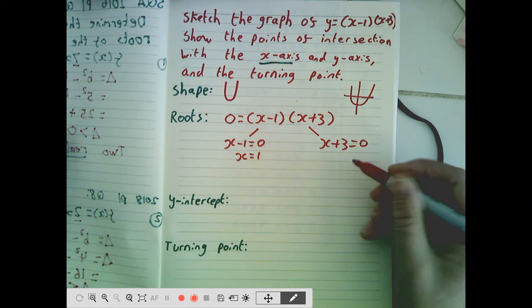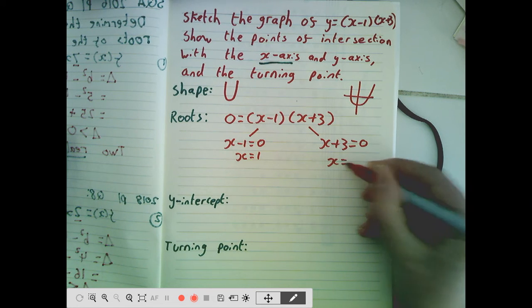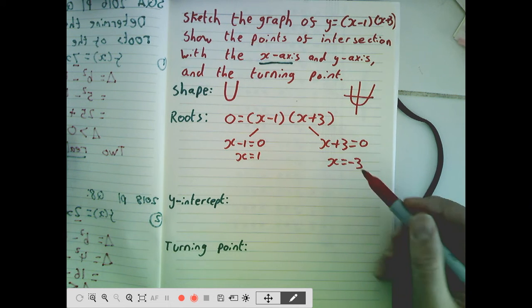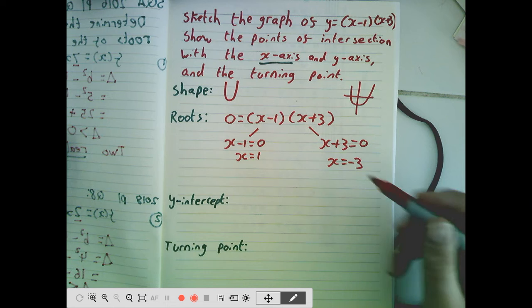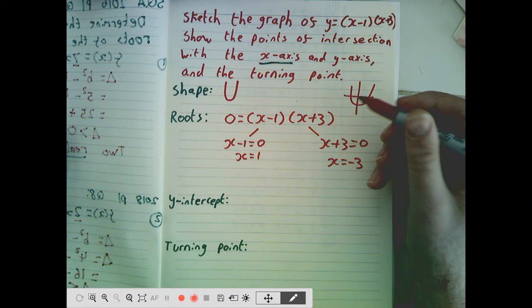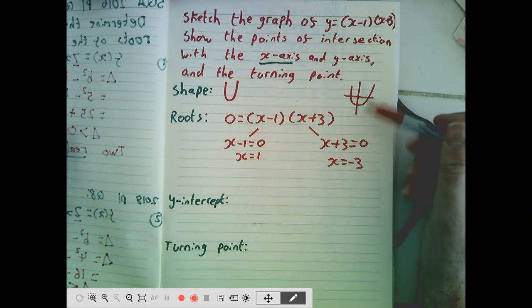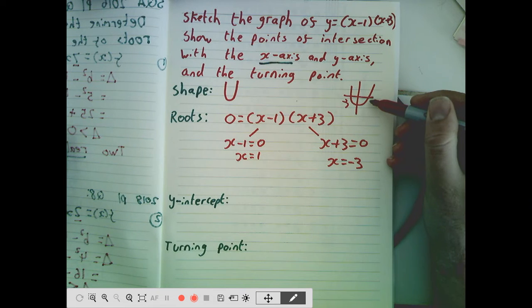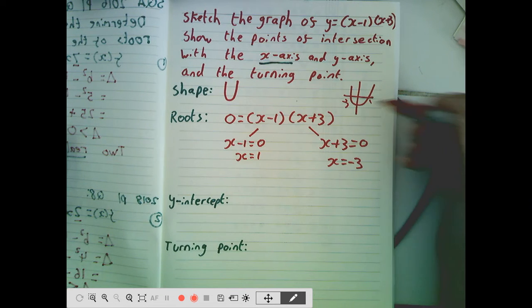What plus 3 is 0? Negative 3. Negative 3 plus 3 is 0. So these are our roots, okay? So my rough and ready sketch looks all right, really. It passes through the x-axis at negative 3, and it passes through the x-axis on its way back up at 1.